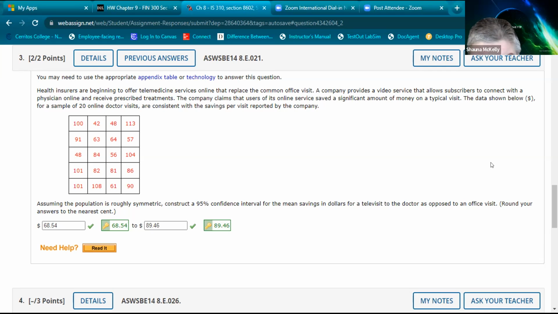It says the data shown below for a sample of 20 online doctor visits. In this problem sigma is unknown, but S, the sample standard deviation, can be derived from the data.